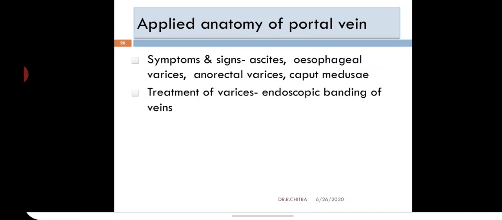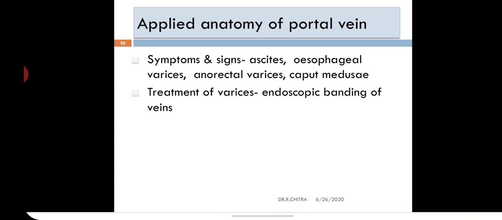So what will be the symptoms and signs of this portal hypertension? Ascites, that is the peritoneal fluid, enlargement of the peritoneal cavity with fluid, esophageal varices, anorectal varices, caput medusae. So the treatment of these varices is endoscopic banding.